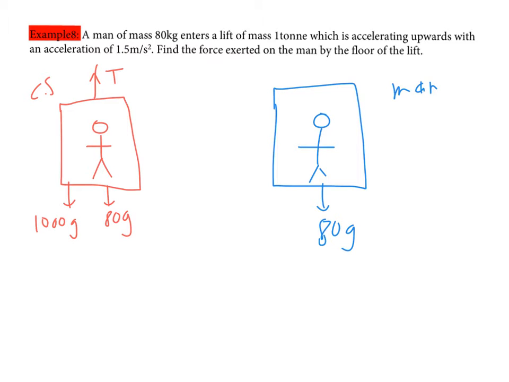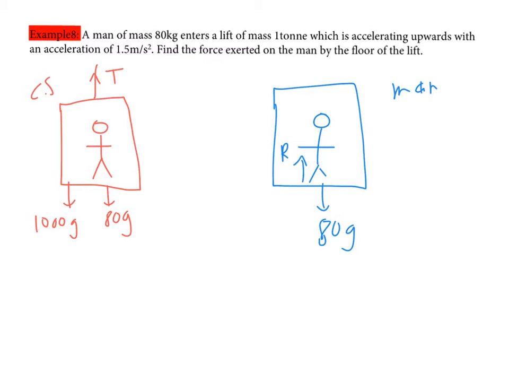There must be some force that causes him to go upwards, and that is the floor. So R for the normal reaction in the floor. So the R's sort of cancel out if you consider the complete system. You can ignore the R's, but if you're looking at the man, the R has to be included. So you can see the difference in the complete system and with the man.